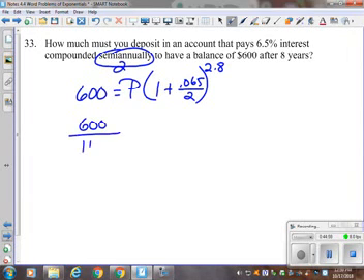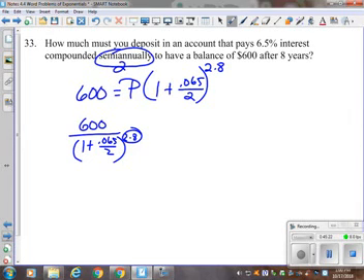Now I'm going to do 600 divided by that, just like I did before. Although I might type 16 up there. Wouldn't that be a whole lot easier to type? And you should get something less, I think, than we got before.